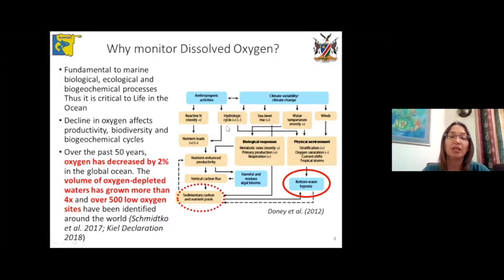And similarly, here's anthropogenic activities showing with nutrient loading and nutrients being enhanced, but also through biological responses. You're looking at sedimentary carbon and nutrient pools, and that is sort of a little bit the other thing that I'm talking about. And we have seen that over the past 50 years, oxygen has decreased by 2% in the global ocean, and the volume of oxygen depleted waters has grown more than 4 times. And there are over 500 low oxygen water sites which have been identified around the world.